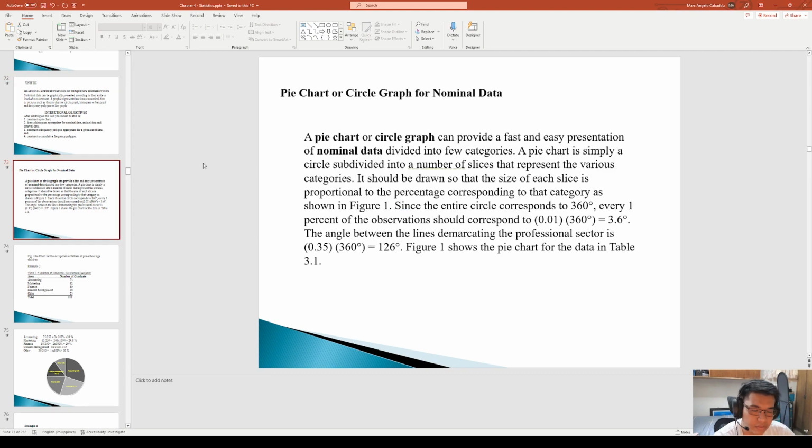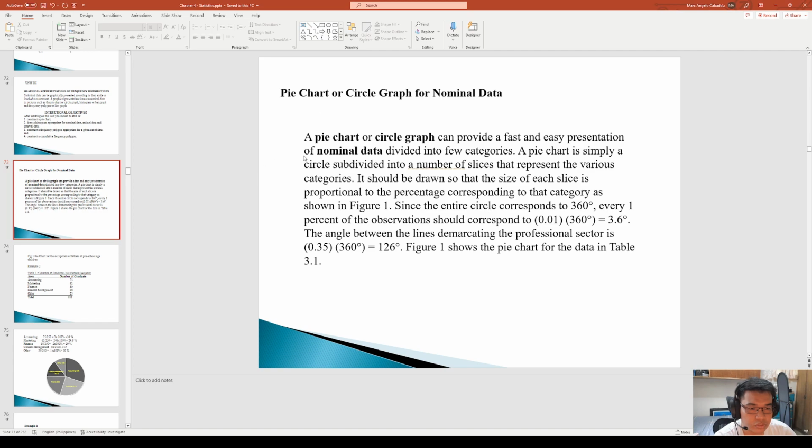From the word pie, it's a circle. So it's a pie where you have to divide each slice into different sets or categories. A pie chart, or circle graph, can provide a fast and easy presentation of nominal data.